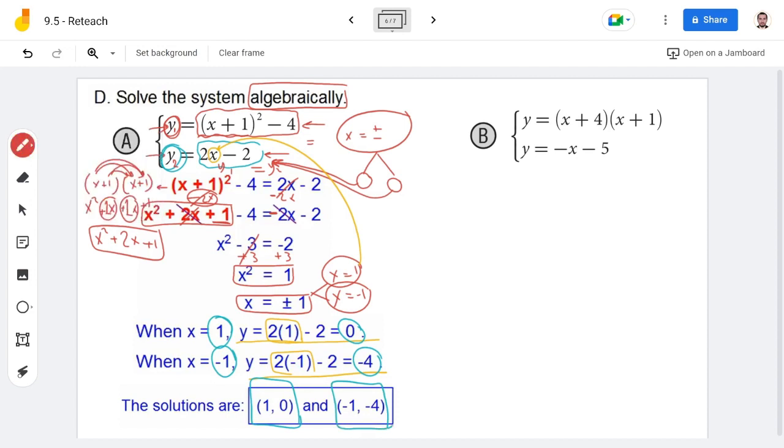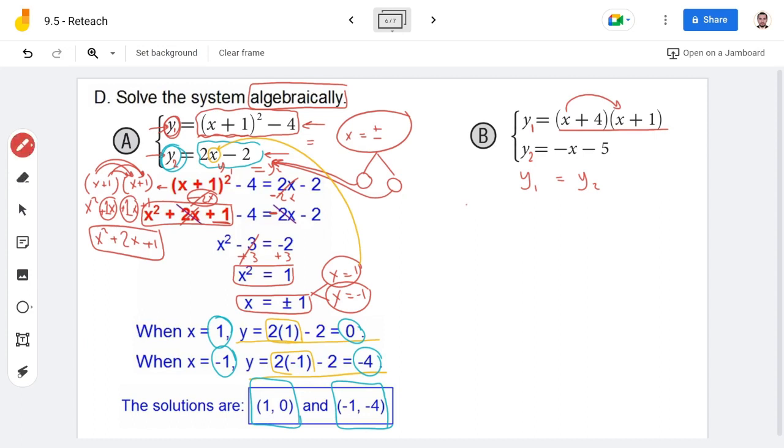Okay, let's solve another one to make everything clear. Let's say this is y1 and this is y2. The first step: y1 is equal to y2. Before I simplify, let me write it first.